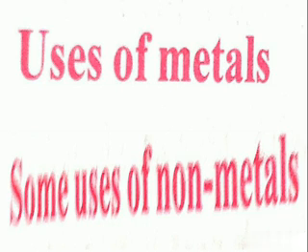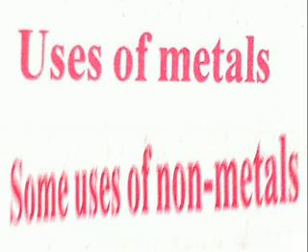In our home also we can see different types of utensils and articles. In our kitchen we can observe different types of utensils made of these metals only, like aluminium utensils to store food items, and copper utensils and vessels.